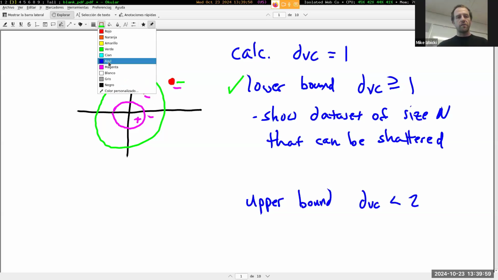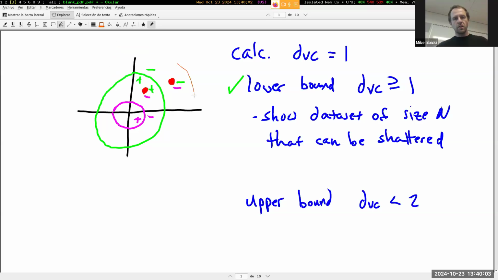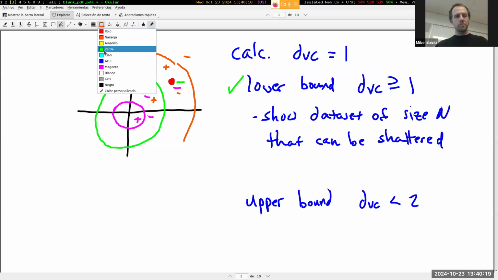A third hypothesis, we'll use orange, and I won't complete the circle on this one, but it looks like that with the circle going all the way around. Again, positives on the inside and negatives on the outside. With this hypothesis, we get a positive right here and a negative right here.